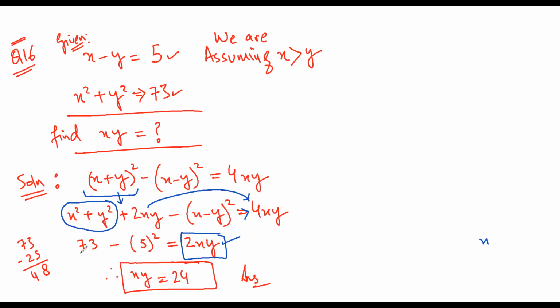So x square plus y square is 73 minus (x minus y) whose value is given here as 5. So 5 square would be 25. So 73 minus 25 will be equal to 48. So your left hand side becomes 48. Your right hand side is 2xy. So xy would be equal to 24.